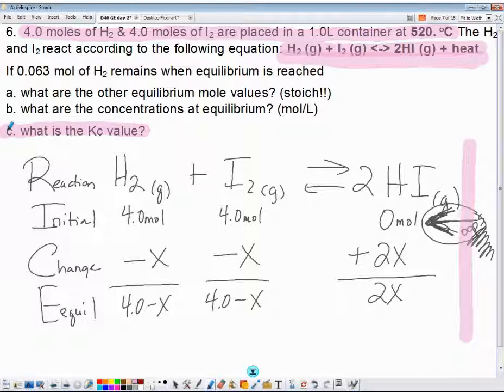They've got to give me somehow the ability to find X. So when we read a little further, it says the hydrogen and iodine react according to the following equation, and if that many moles of H2 remains when equilibrium is reached, let's do our A, our B, and our C.